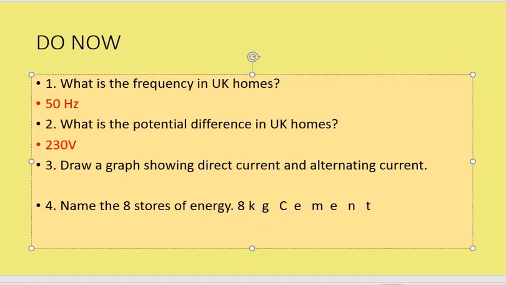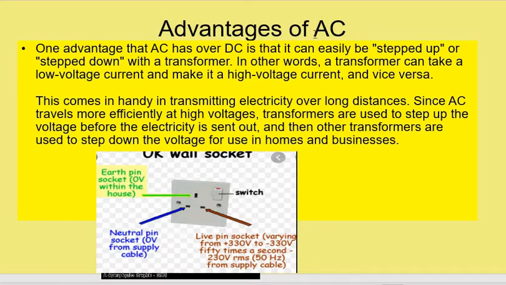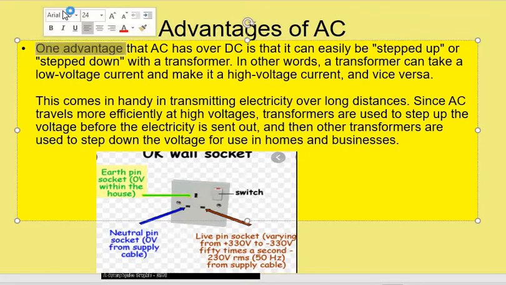I will continue. Right. Alternating current. Remember, alternating current goes from positive to negative. So an advantage, a good thing about that, is that it can be increased. We can increase that energy, or we can decrease it. It can be stepped up or stepped down.